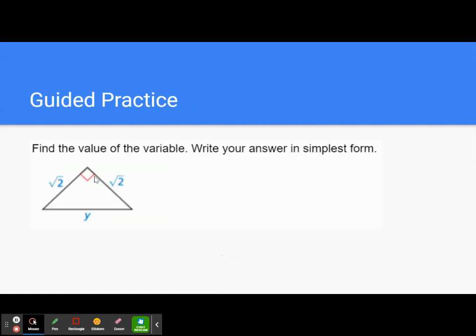First thing you need to do is fill in the missing parts. And then you and your partner need to work this problem out together. So fill in the missing parts, then work it out together.